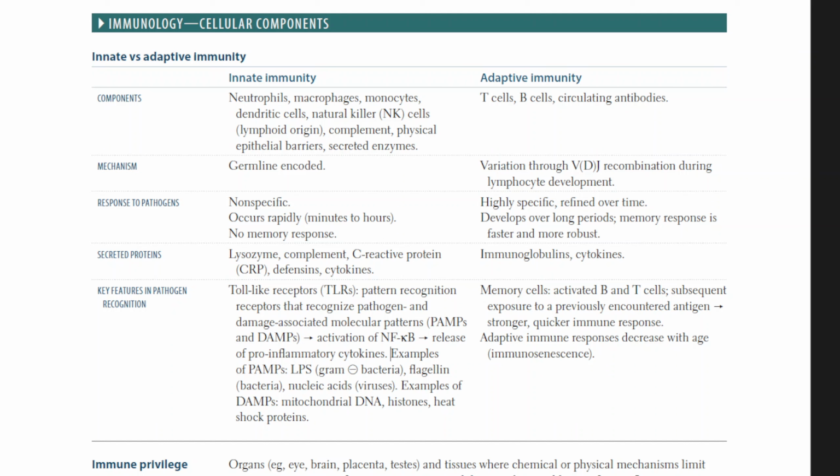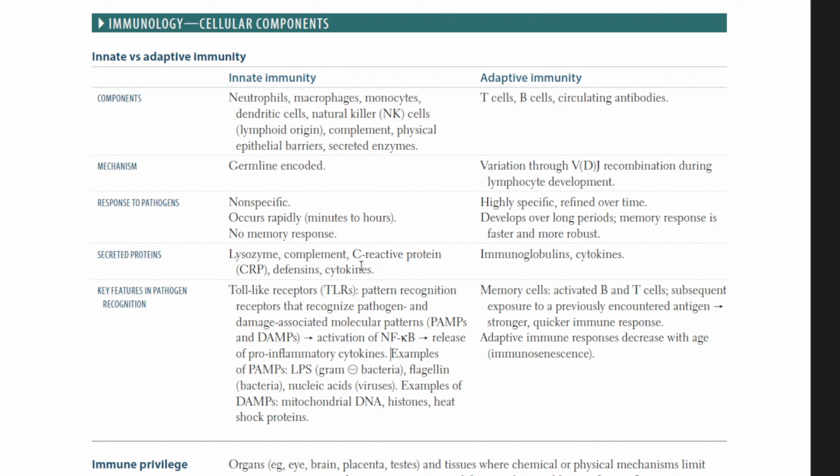So the lysosomes cannot destroy all the material, and it gets stored inside the lysosomes, which gives you all those diseases: Gaucher disease, Fabry disease, Pompe disease, and mucopolysaccharidosis. It's hard to say. Mucopolysaccharidosis.